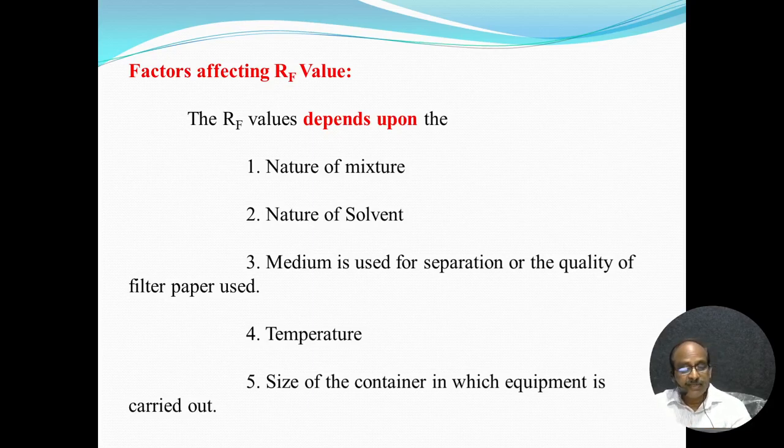Another one is the nature of the solvent. Solvent is also most important. Whatever solvent is present, its nature is important for the factors affecting the RF value. Another important one is the medium used for the separation. If the medium is not suitable for resolving the components, then automatically the RF value may vary.